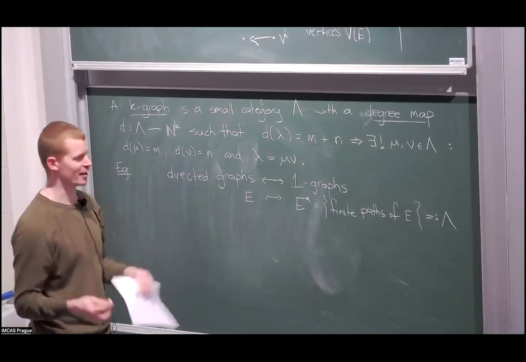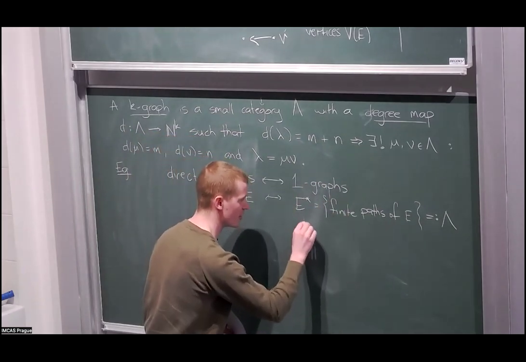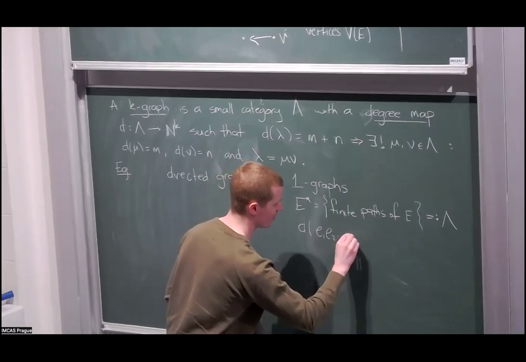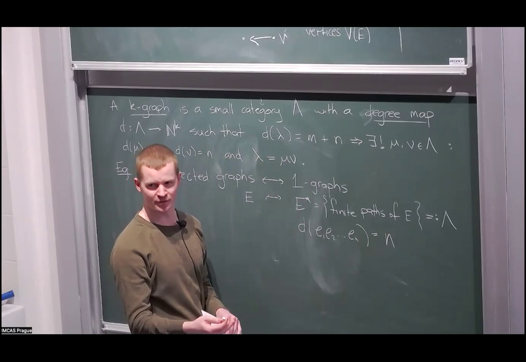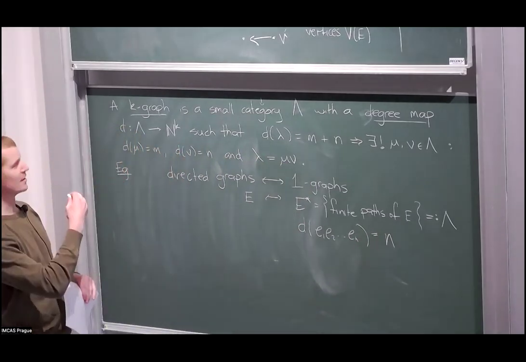I'm concatenating finite paths. Together with the function d, which to each finite path says how long that finite path is. If there are n edges, then the d of the path is n, forms a one-graph.